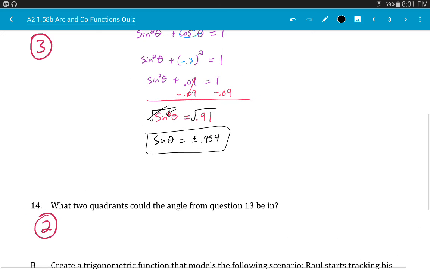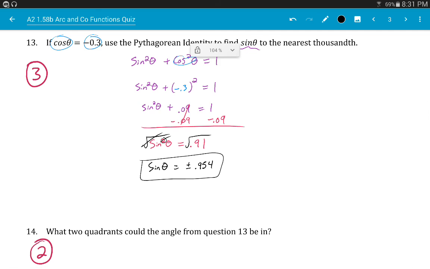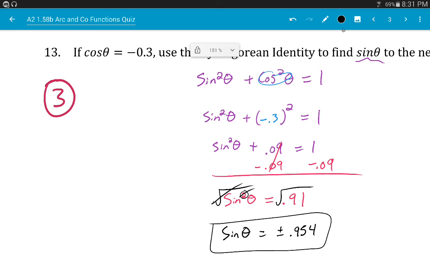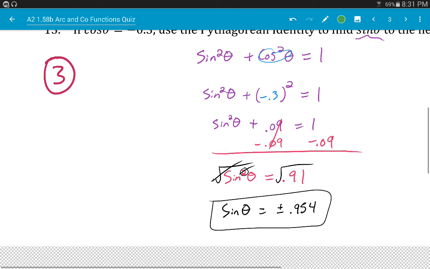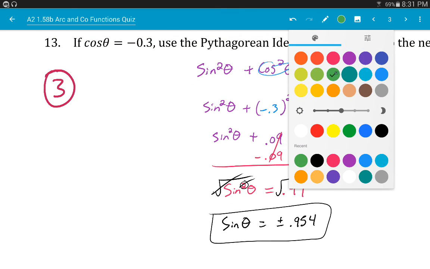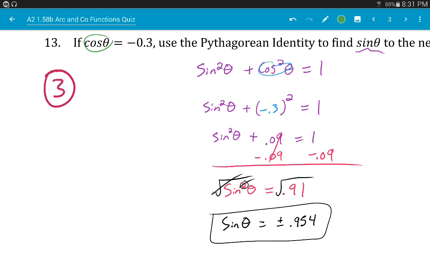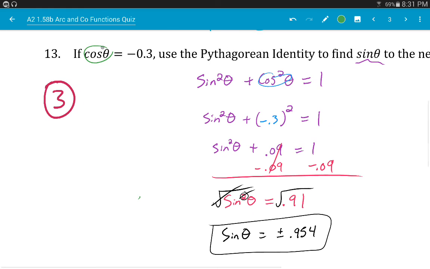Now they want to know, which 2 quadrants could the angle from question 13 be in? So let's think about this. I could answer this just based off the value of cosine, but I'll take them both into account to make this easier for you guys. Now, cosine is my base of the triangle. It's also the x-axis. Sine is the height of the triangle, or the y-axis.